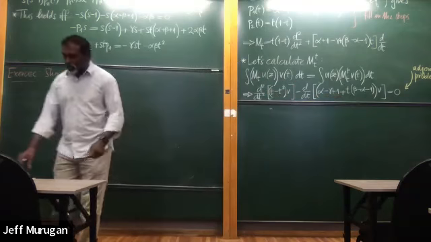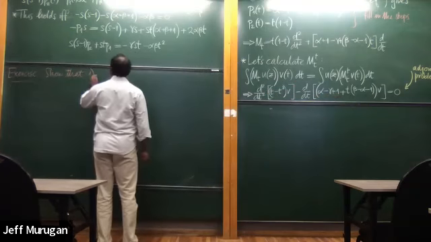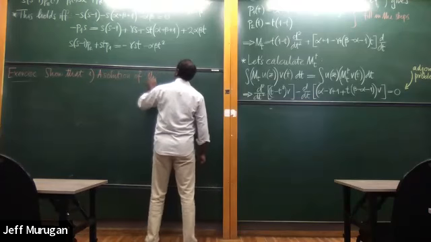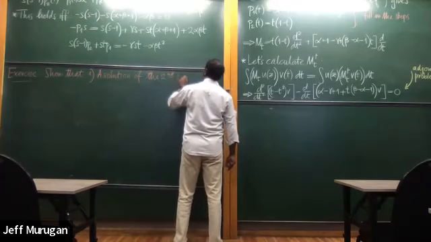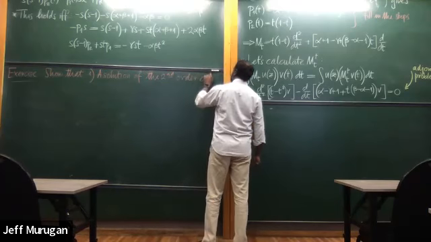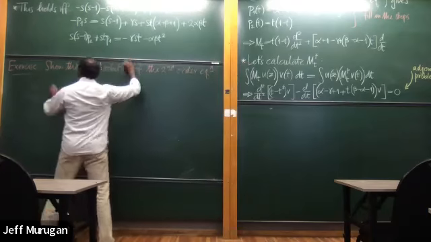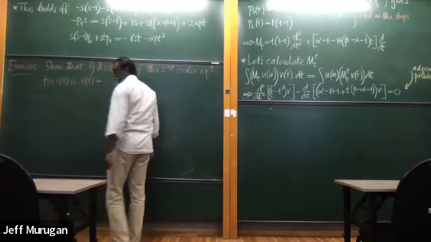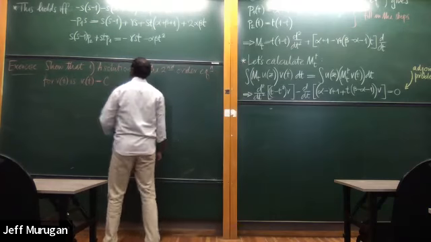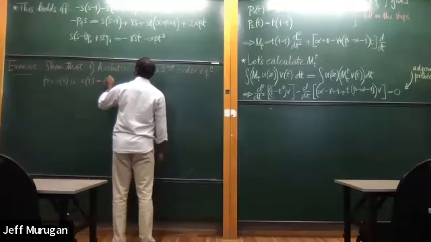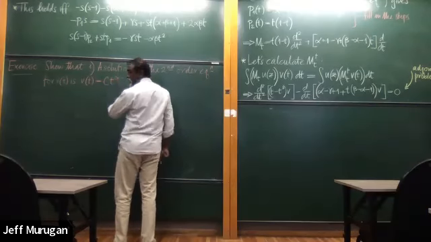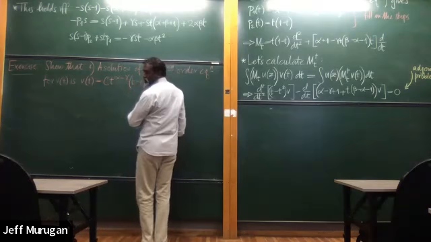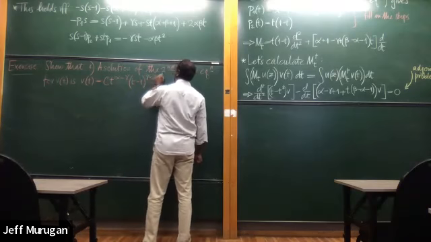And I want you to check that a solution of the second order equation for v of t is that v of t can be written as some constant times t to the alpha minus gamma times t minus 1 to gamma minus beta minus 1.